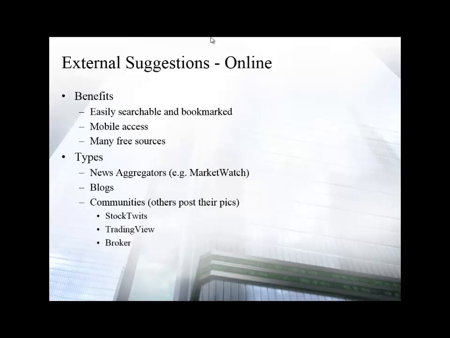A great part about this is there's a lot of free information out there for you. Unlike print, where you usually have to pay a subscription, this stuff is easily accessible for the most part. News aggregators, I use MarketWatch as an example here, but there are hundreds of them. Even these print magazines have their own online sites that are free for a lot of their articles. So you could still go out there, research, and get some company ideas.